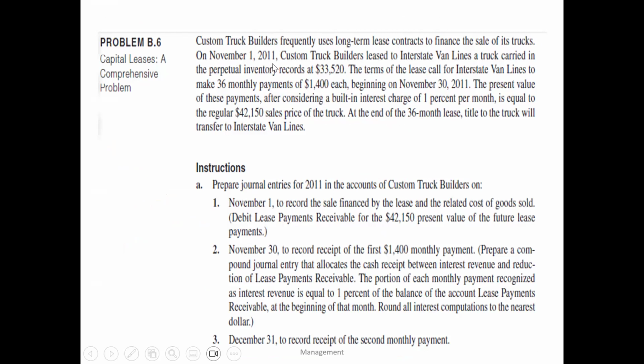On November 1, 2011, Custom Truck Builder leased to Interstate Van Line a truck carried in the perpetual inventory record at 33,520. The term of the lease called for Interstate Van Line to pay 36 monthly installments of 1,400 each, and this will begin from November 30, 2011.